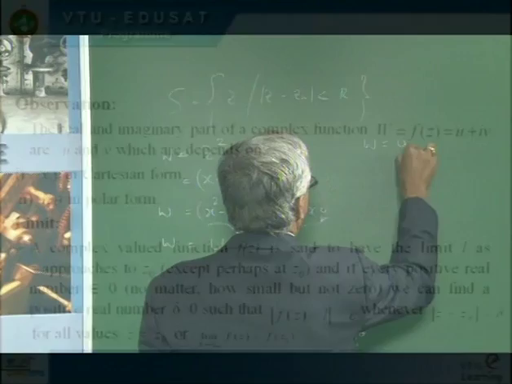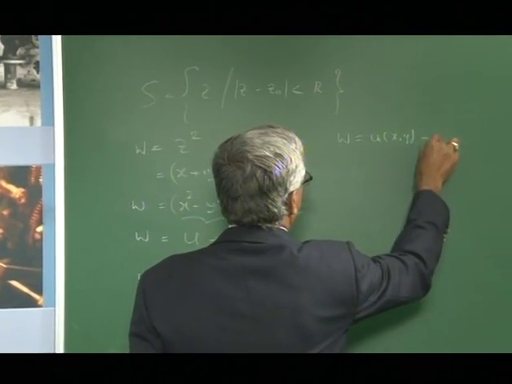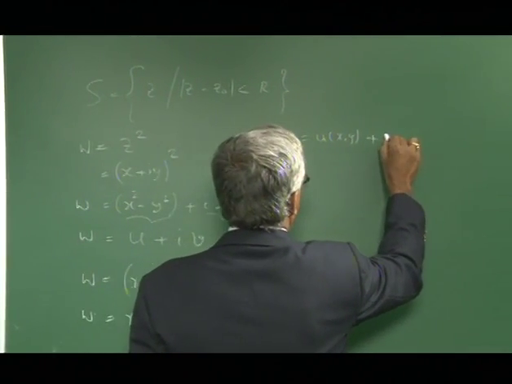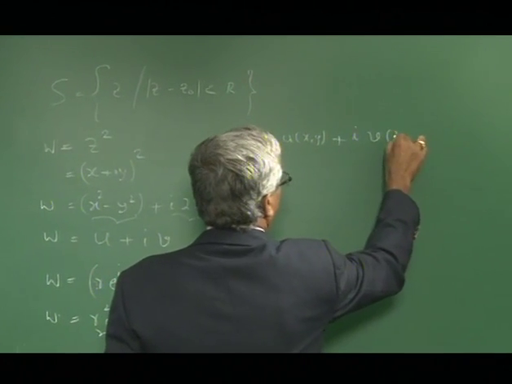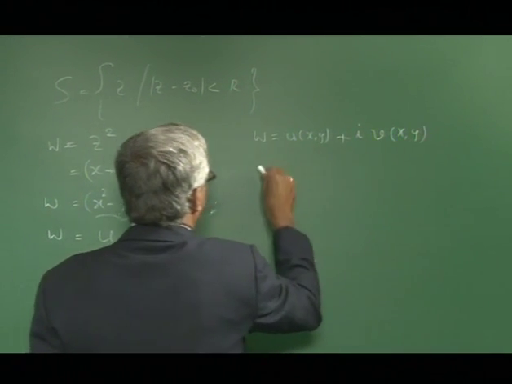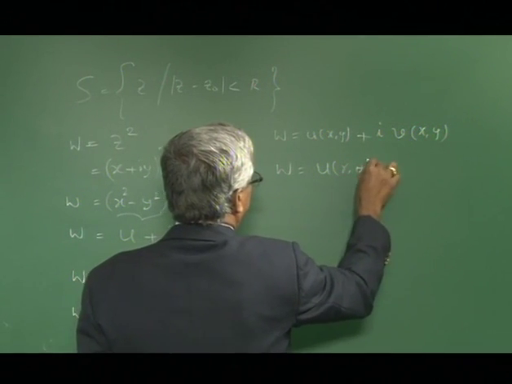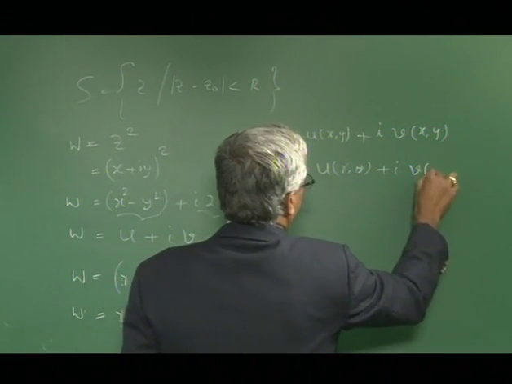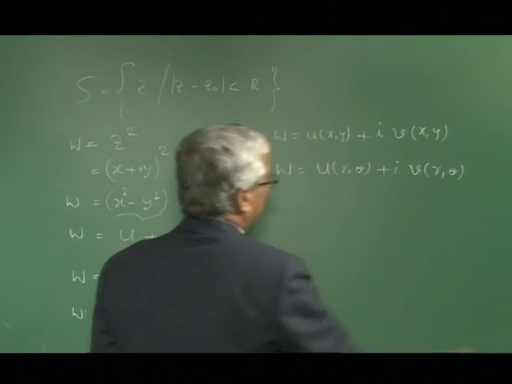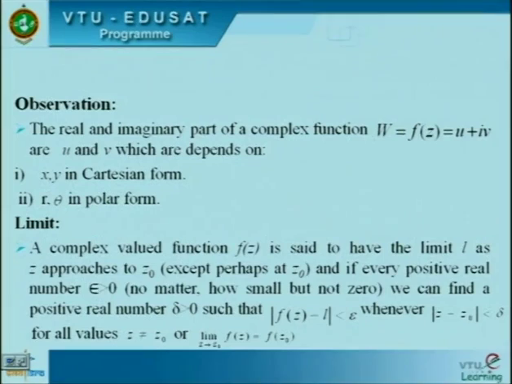Therefore w is u of x comma y plus i times v of x comma y in the Cartesian form, and in the polar form u of r comma theta plus i into v of r comma theta. So therefore, the real and imaginary parts of a complex function w is equal to f of z are u plus i v, or u and v.